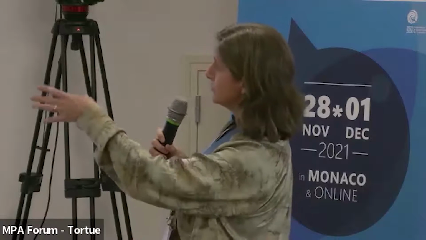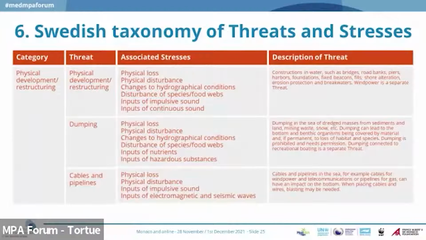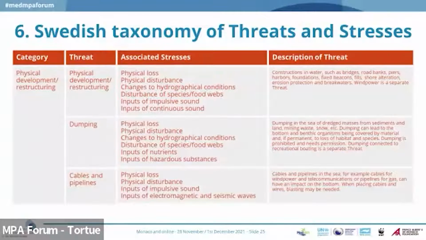We divided them into categories, as you see on the left side, and then we have each of the threats. We then identify each of the stresses that were associated with those threats. And each stress could be associated with more than one threat. We also made a description of each of the threats just to make sure that everybody was on the same page and agreed on what that was for that particular threat. Next slide, please.